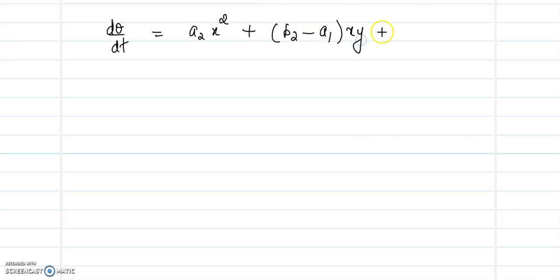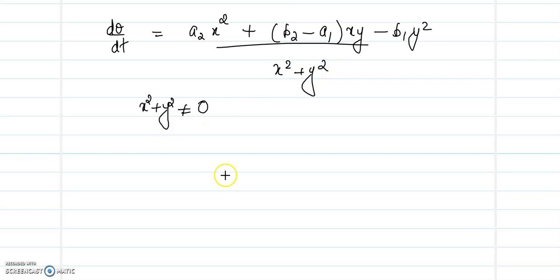So substituting that and simplifying, we will be getting d theta by dt equal to (a2 x square plus (b2 minus a1) xy minus b1 y square) by (x square plus y square).